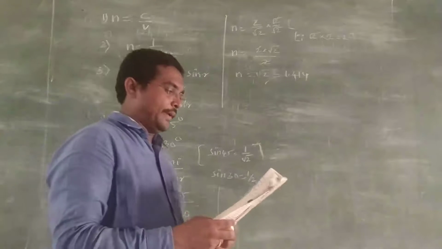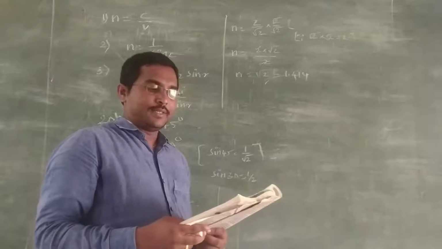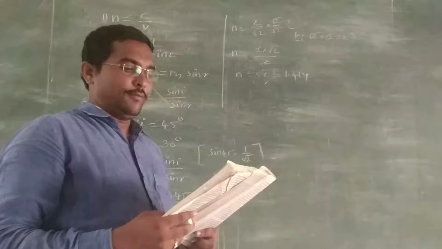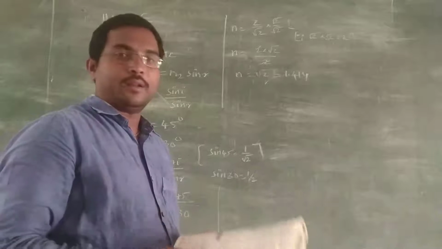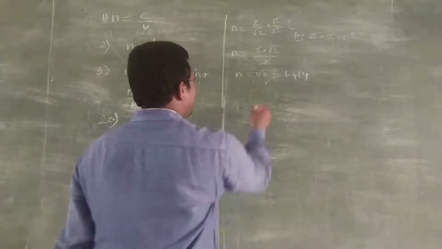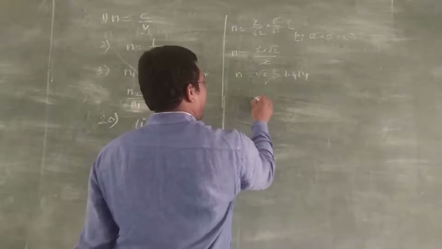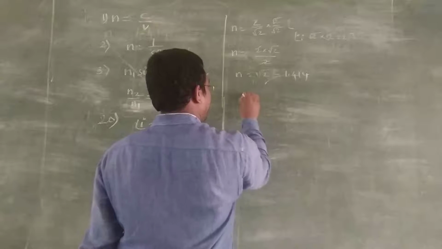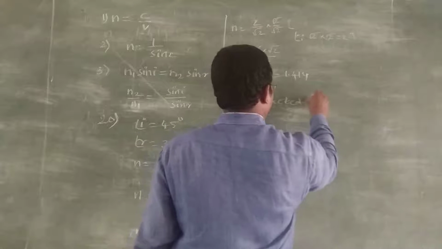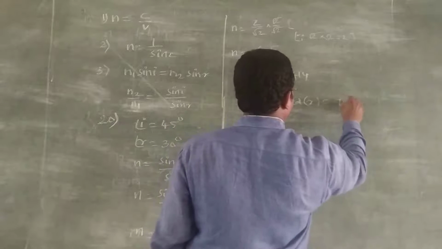And next, a further problem is given here. See what problem is given? For what angle of incidence will the angle between the reflected ray and the refracted ray be 90? So further, what you want to do: here angle r, the refracted ray r, is equal to 90 minus i.